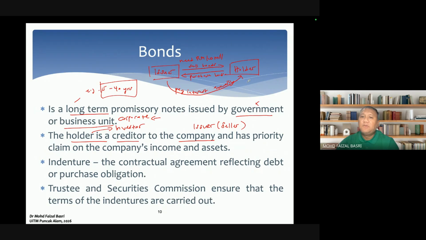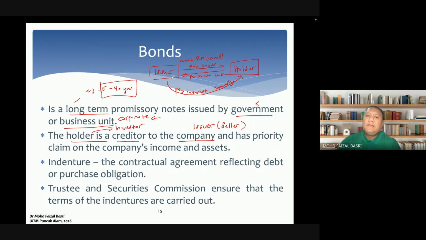So setiap tahun dia kena bayar interest kepada the bond holders. It's either annually ataupun semi-annually lah. Setahun sekali ataupun 2 kali setahun. But anyhow, every year dia kena bayar interest to the holders without fail. Mesti. Tak ada exclusion.